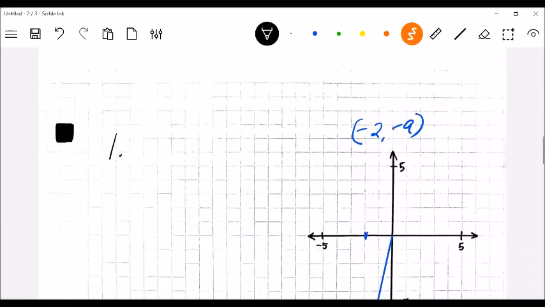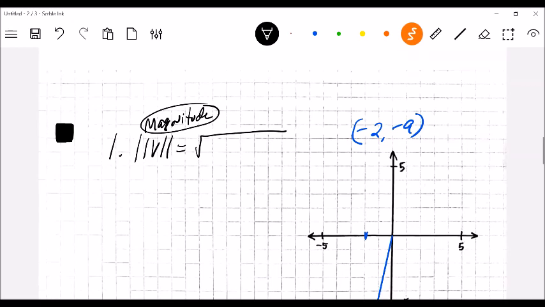But the first thing that I want to do is to get the magnitude. So remember, that's called magnitude. And it's going to be the square root of... And since we're going from 0, 0 to that point, oh, and I just realized some of you would have said something watching it, but I needed to put these arrows on it.